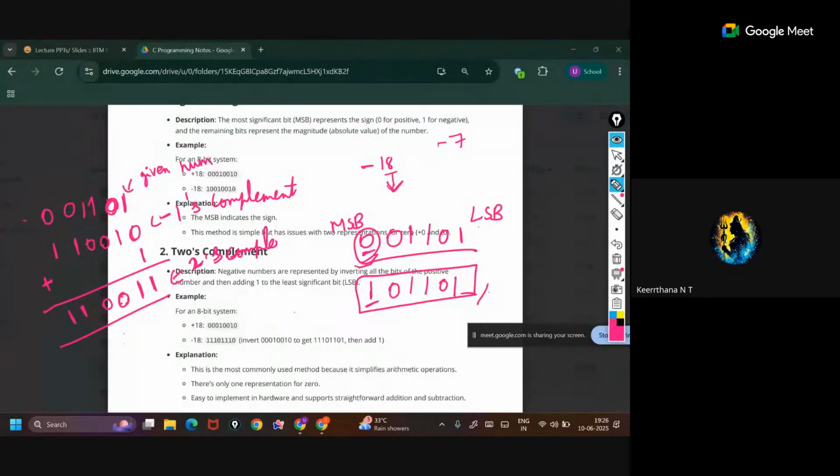Then after 1's complement, you have to add 1 to it to get the 2's complement. Is it clear? So in this way, you can represent negative values. Okay.